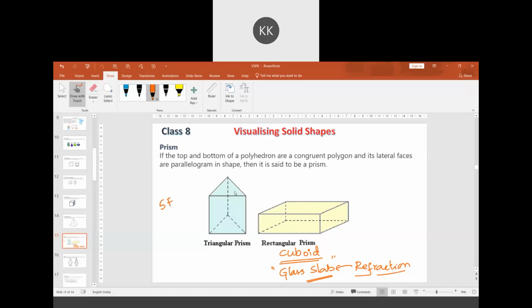How about the vertices? 6 vertices are there. And how about the edges? 9 edges are there.